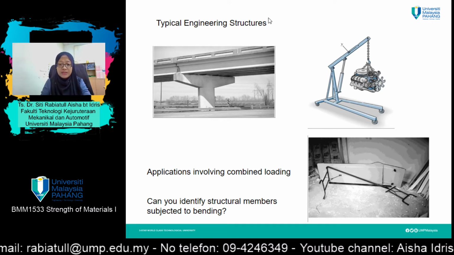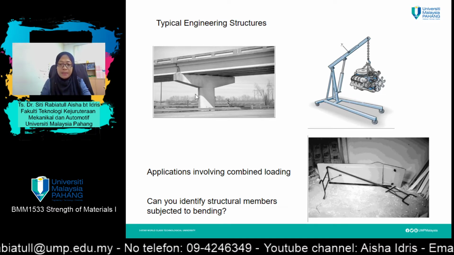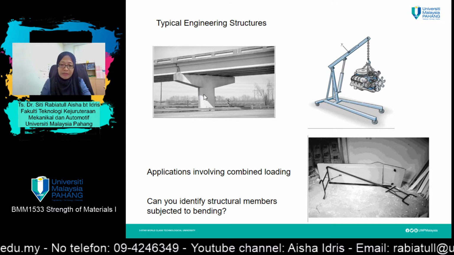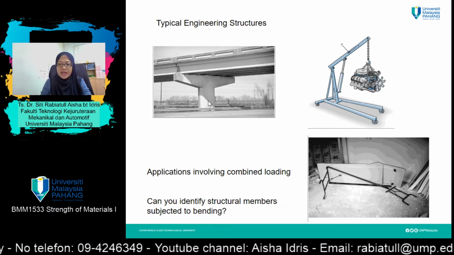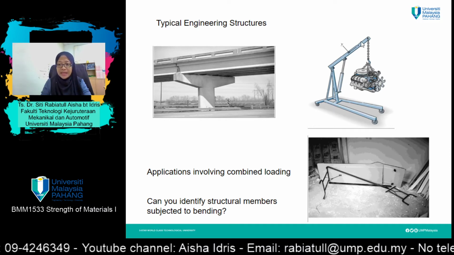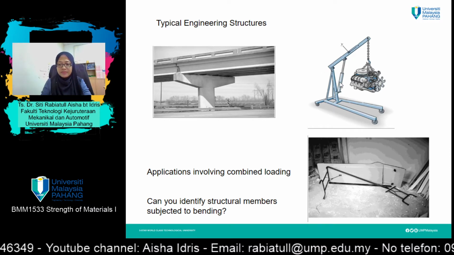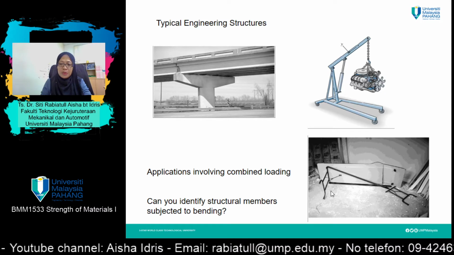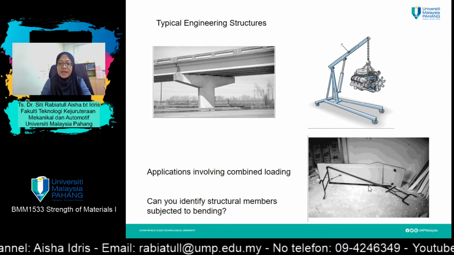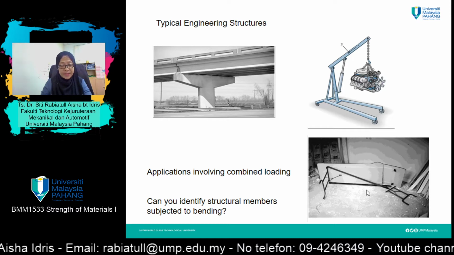For example, if you look at this bridge, the part that will suffer bending is the bridge itself and the support. Other than that, for this one, the part that will suffer bending is this part. And for the table here, the failing part is actually the one which suffers bending.